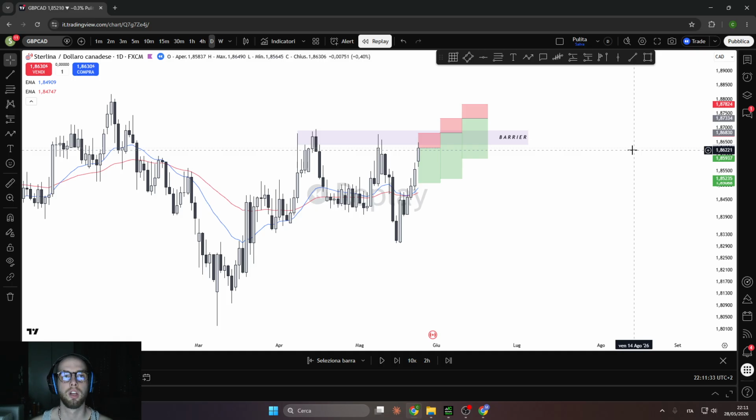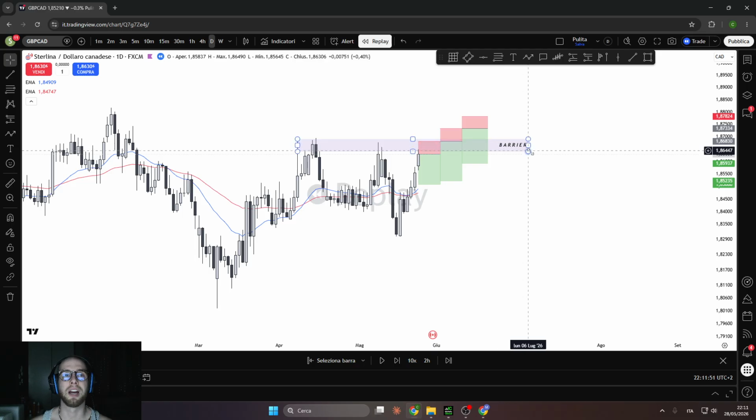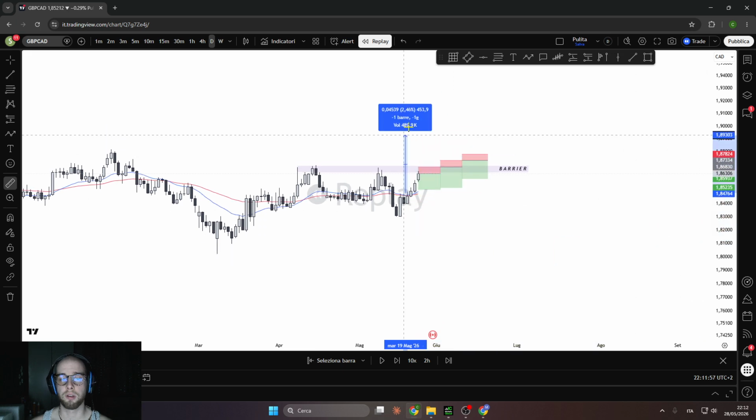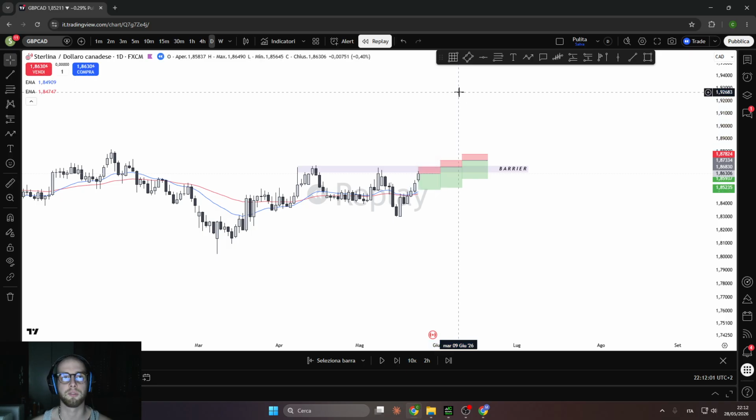Be careful, do not increase your position size, otherwise you're going to overexpose yourself, and use a very small position size. It could happen, it happened to me before, the price keeps going up for 800 pips. Right now price moved only 150. It could happen the price keeps going up for 800 pips, all the way in the same direction.